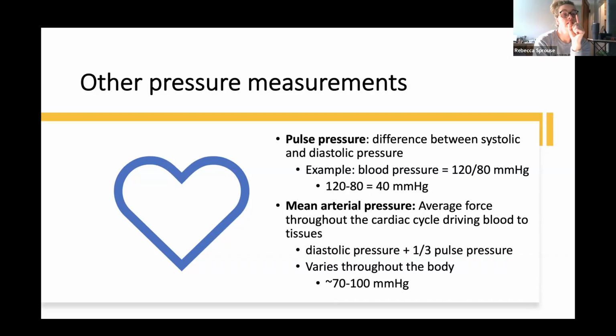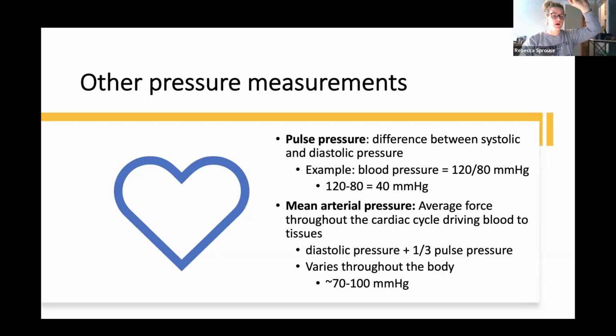If you're standing up, that pressure is probably going to be a little bit different than it would be in your arm. I'm not going to tell you the answer because you're going to do a lab on this, but gravity definitely has an effect on blood pressure and how hard your heart has to work, depending on if you're lying flat in an even plane where all of your pressure is kind of equalized, or if you're vertical.